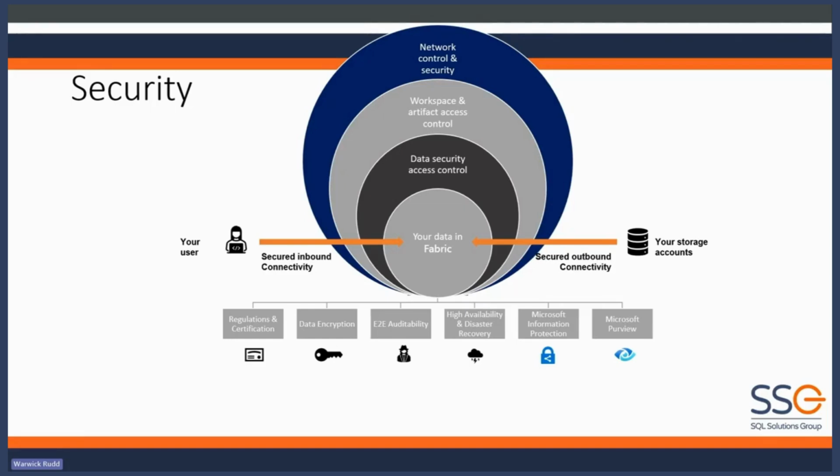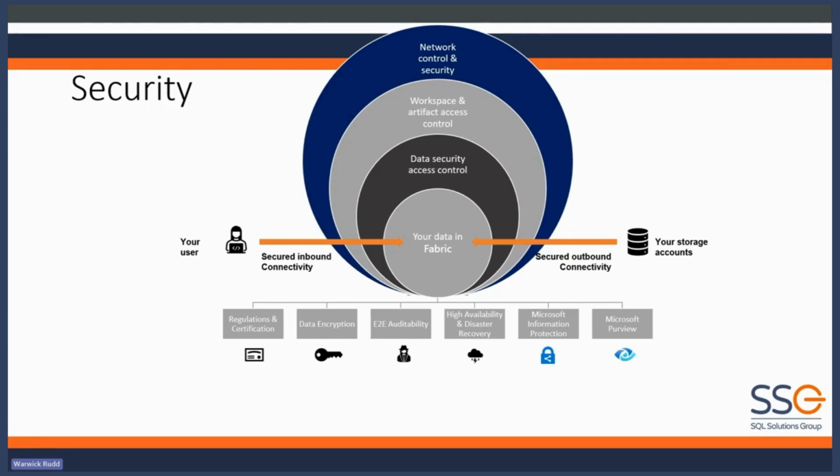Now, the thing to remember with Fabric, okay, is when you go to enable it, wherever your Power BI tenant was created. Now, in your Azure tenancy, you would have gone, right, I need to configure or enable your Power BI tenant. Where that Power BI tenant is created, what region, that is where your Fabric tenancy is created.